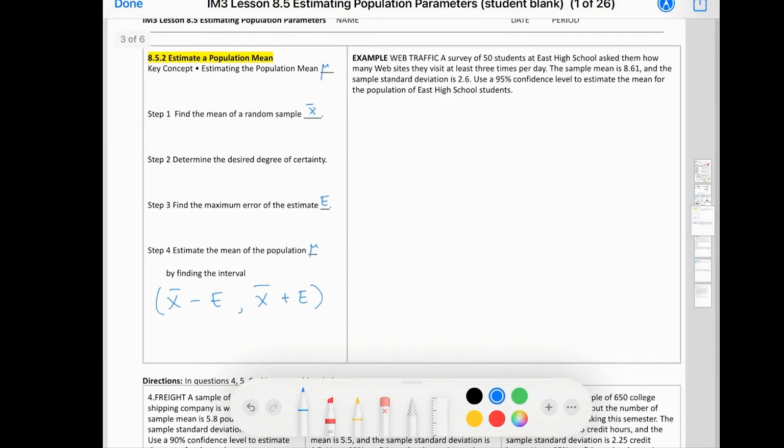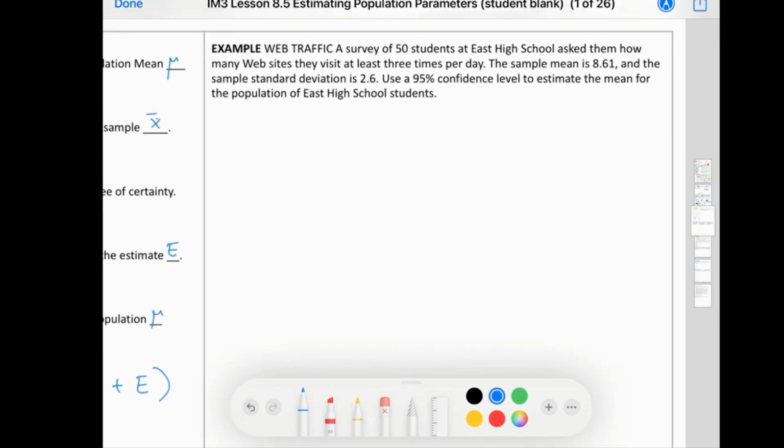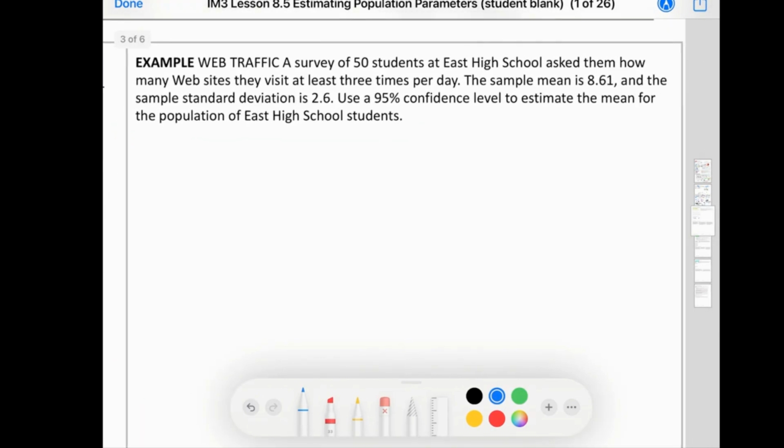All right, let's go ahead and try this problem. Web traffic. A survey of 50 students at East High School asked how many websites they visit at least 3 times per day. The sample mean is 8.61 and the sample standard deviation is 2.6. Use a 95% confidence interval to estimate the mean for the population of East High School students.